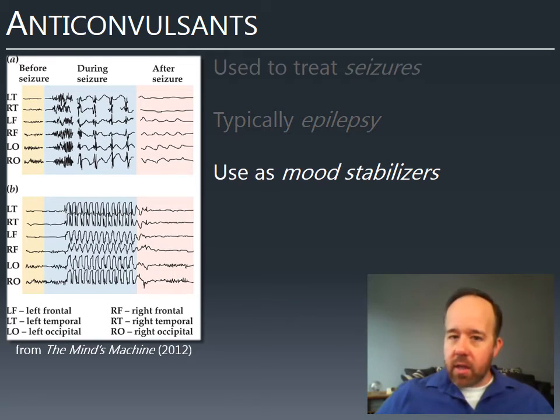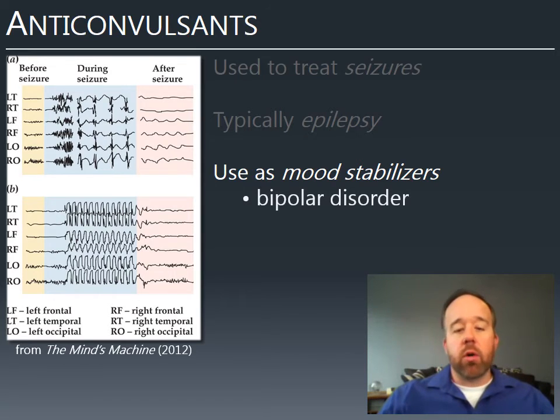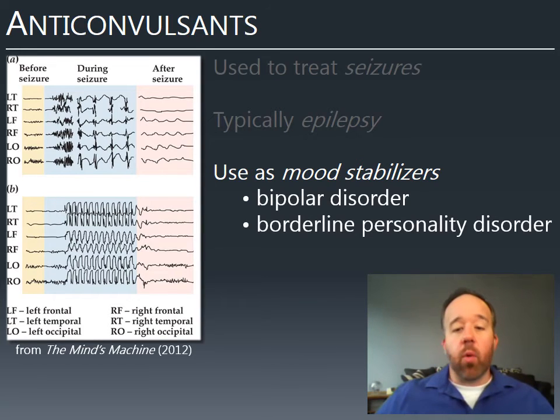And many of these drugs are actually quite effective. More recently, it's been discovered that many of these anticonvulsant drugs can be useful as mood stabilizers, which is not an intuitive effect that these drugs would have. And it's still not clear why they have these effects. But for disorders like bipolar disorder and borderline personality disorder, where the person's mood is disrupted, it's been found that anticonvulsants can alleviate some of these symptoms.